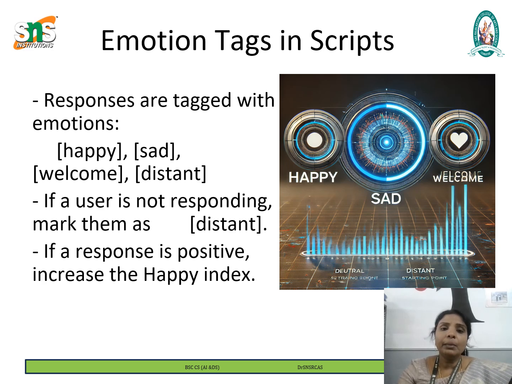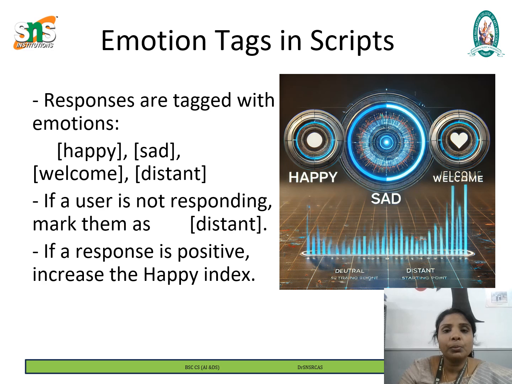Next, we see the emotion tags in the script. In a lecture setting, responses from students can be categorized based on emotion to help gauge engagement and sentiment. The following tags can be used for classification. First one is happy.